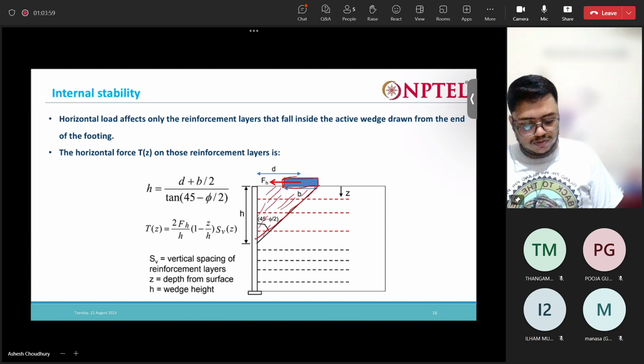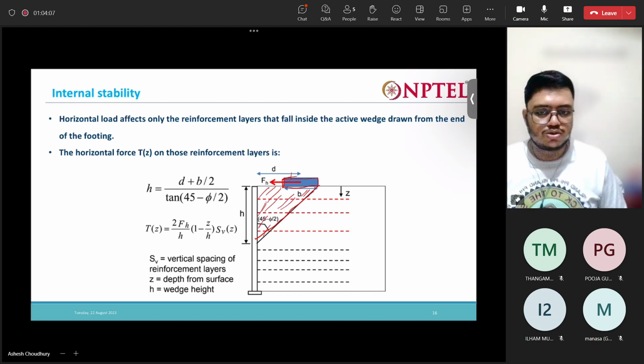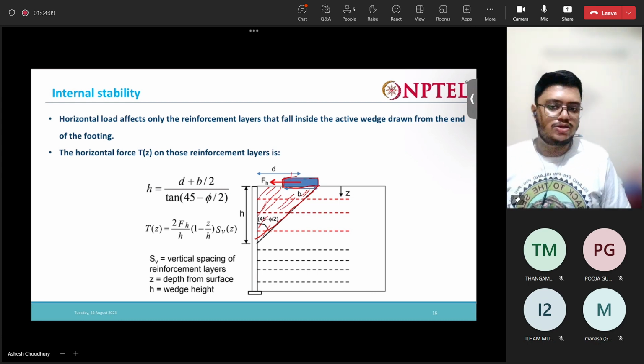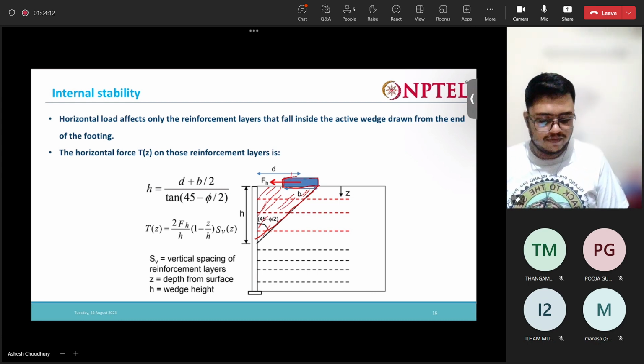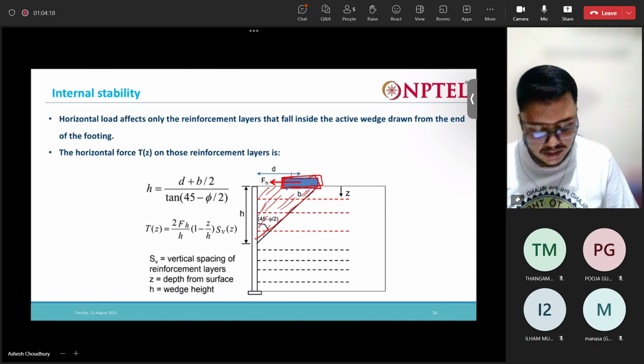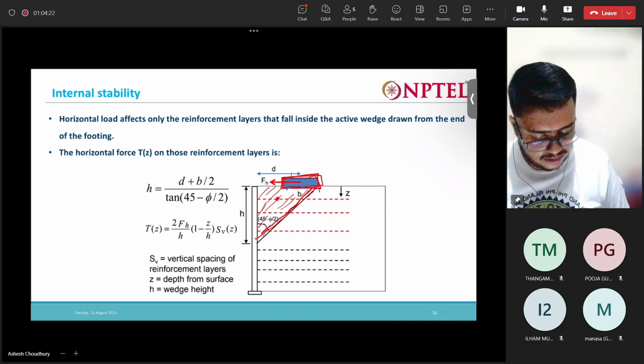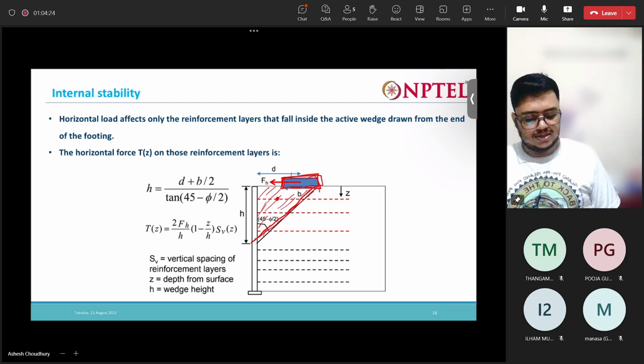The loads falling within this region will be affecting the reinforcement there. So say we are designing a reinforced soil wall, and we have some foundation over it. In that case, when we calculate the vertical loads on each reinforcement layer, we need to consider this criteria.